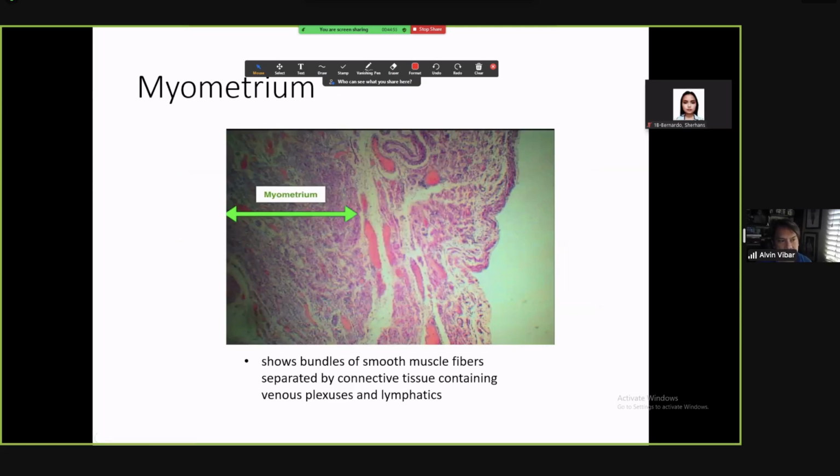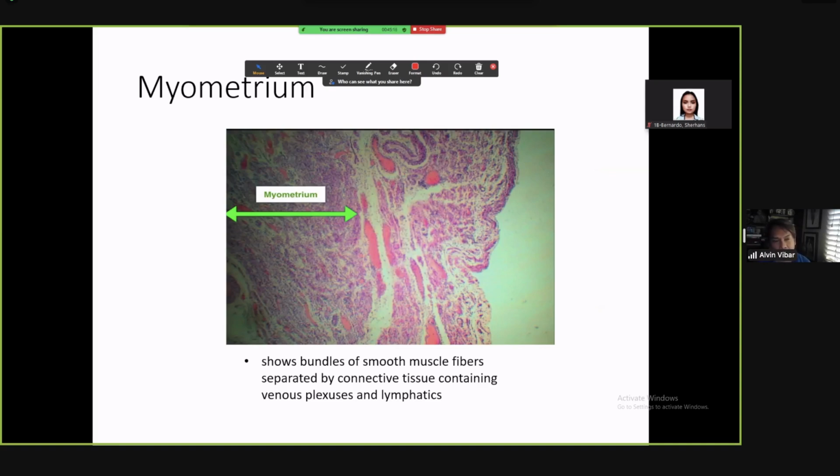Again, this is the myometrium, which is made up of smooth muscle fibers. I think we're not going to ask you anymore whether the endometrium is in the proliferative, secretory, or menstrual phase. But theoretically, you should know that, and I'm sure that was discussed in detail by Dr. Borlasa.